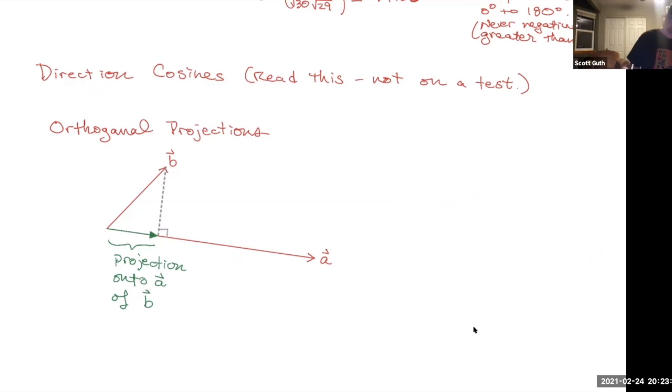So I think we could figure this out, start with trig and then move over to a dot product. And I think you can see it's a dot product because that's the side adjacent to theta. We'll go ahead and mark this as theta here, right?